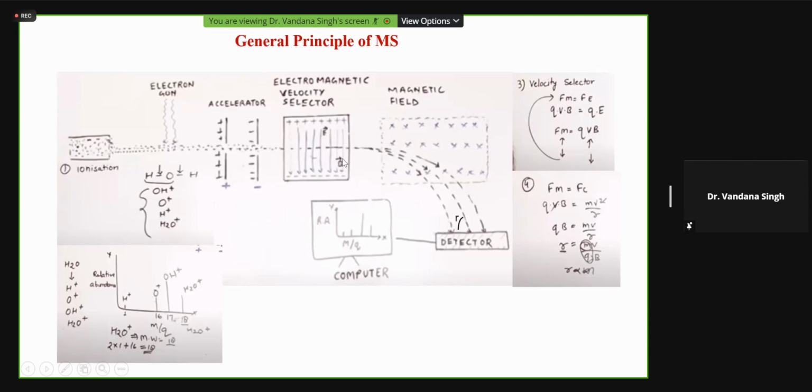The kinetic energy gained by these charges is equal to the field strength, the electric force, times the distance that they have to travel.